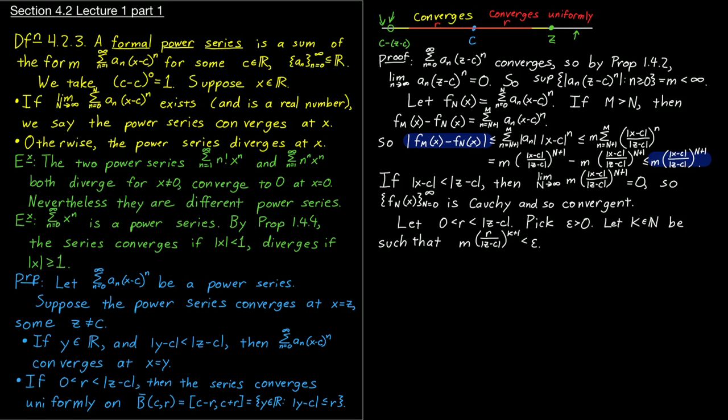This goes to 0 as k goes to infinity. So we just pick k big enough that this is less than epsilon. And then if x is in our interval, I'm going to call this B bar of (c, r) just because we're going to see that an awful lot in chapter 5 and I want you to start getting used to it.